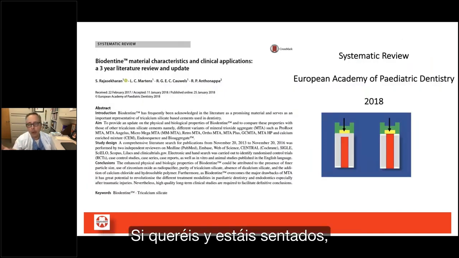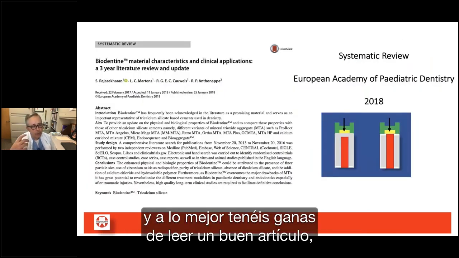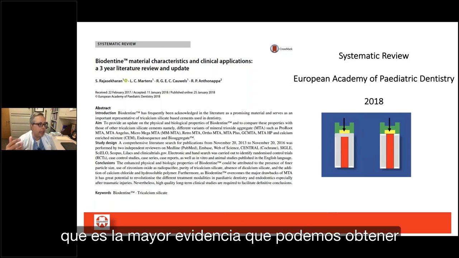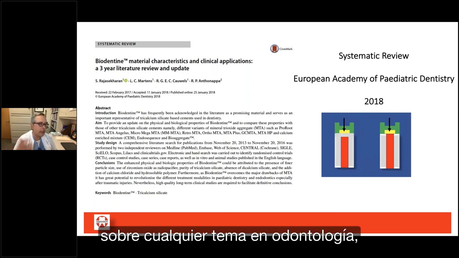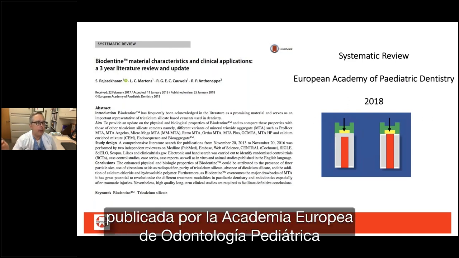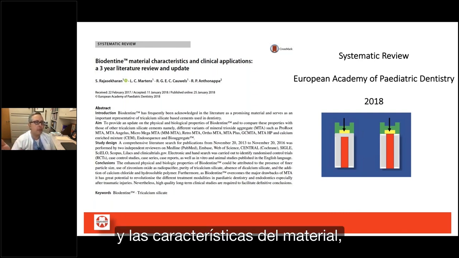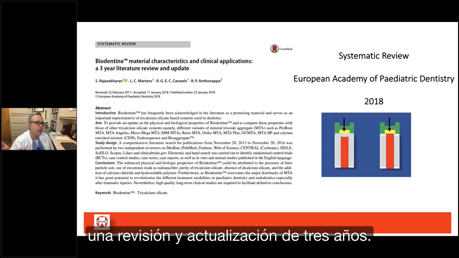If you are sitting and you really want to read a good, a little bit extensive piece, this is a systematic review, which is the highest evidence that we can get about any topic in dentistry. It was published by the European Academy of Paediatric Dentistry in 2018, just before COVID, about the clinical applications and the material features, a 3-year review and update.